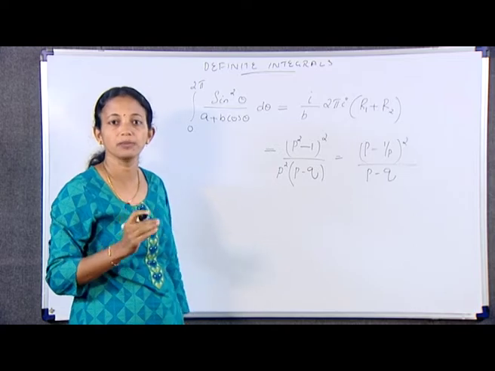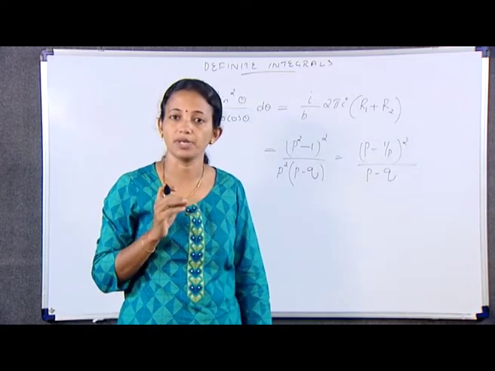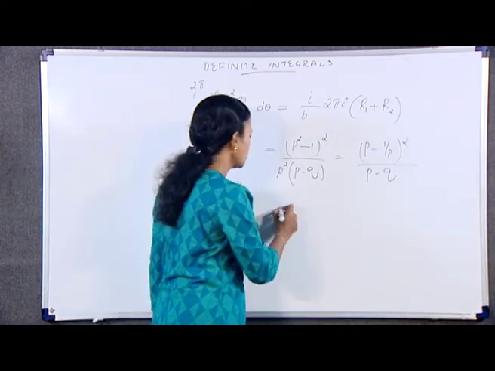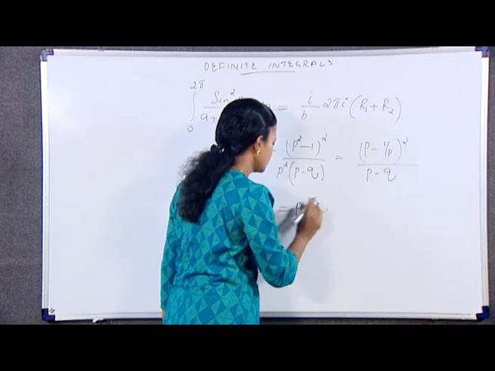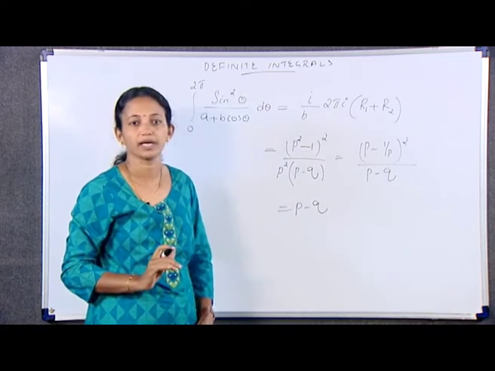This is equal to (p minus q) whole square by (p minus q). So, it is equal to p minus q.